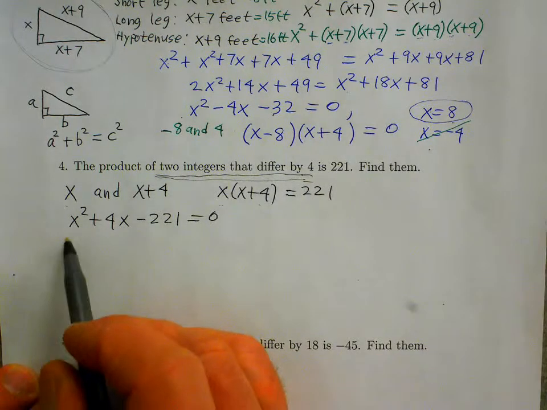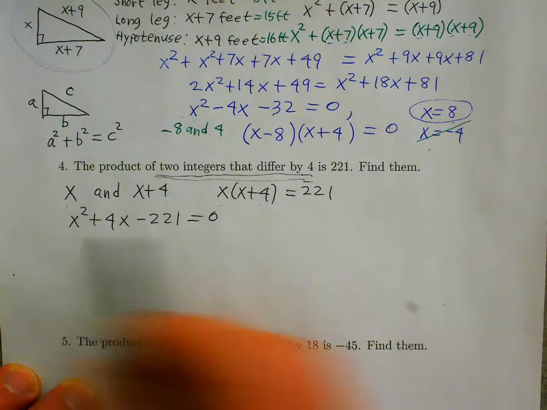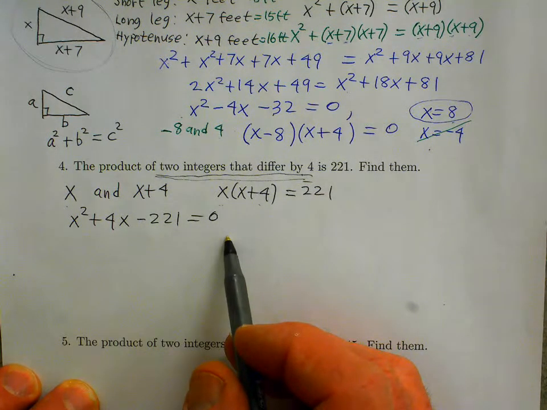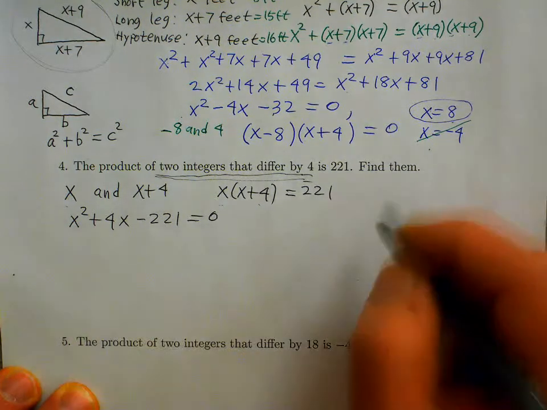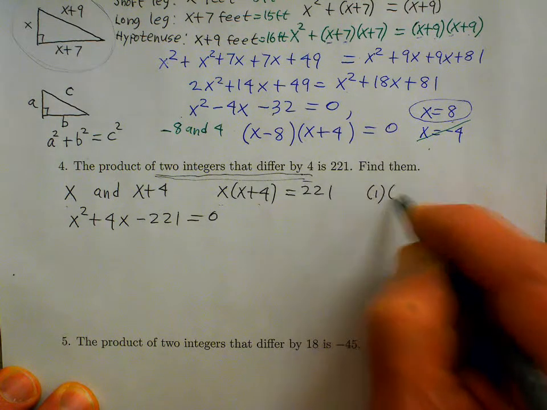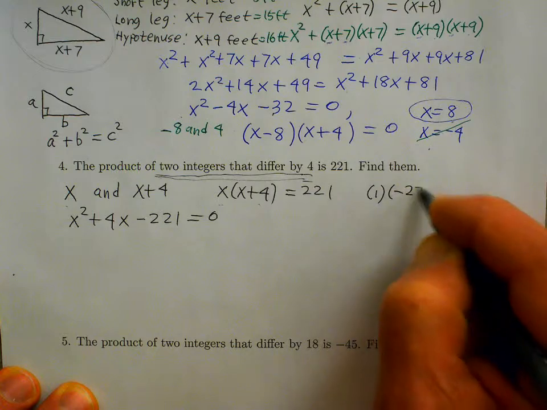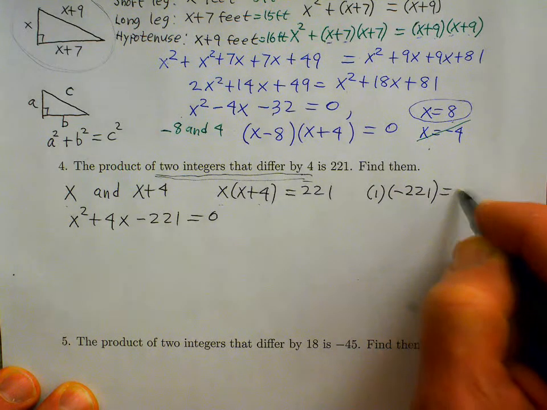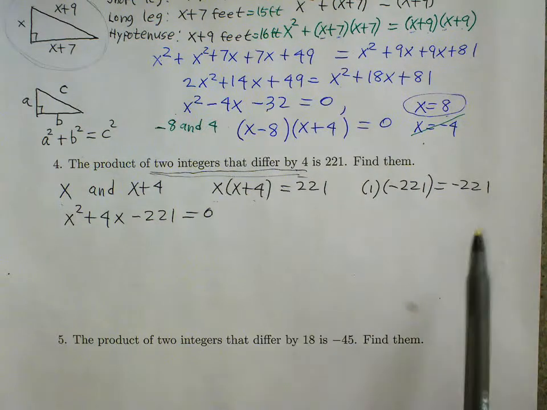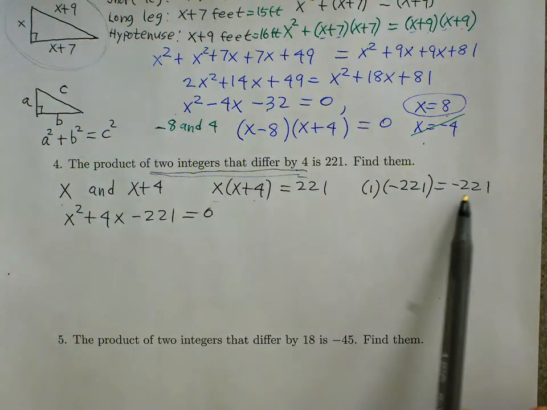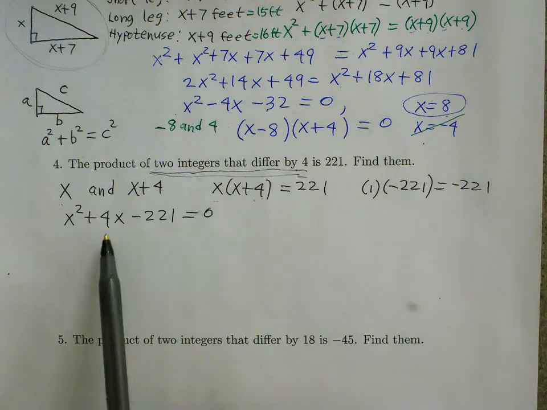We can use the abbreviated AC method because the coefficient of x squared is 1. So if we multiply 1 times negative 221, which is negative 221, we want to find two integers that have a product of negative 221 and add up to 4.